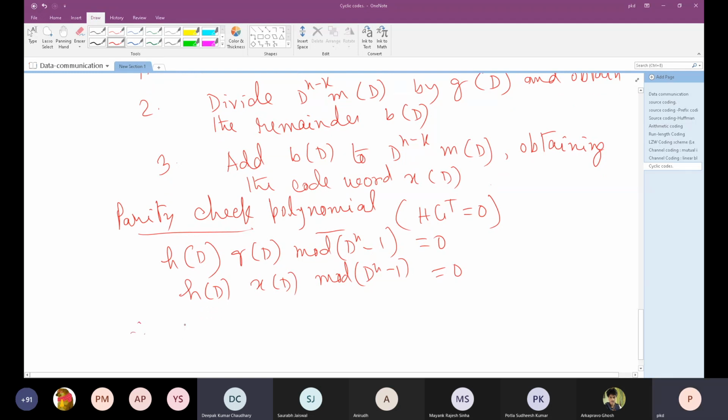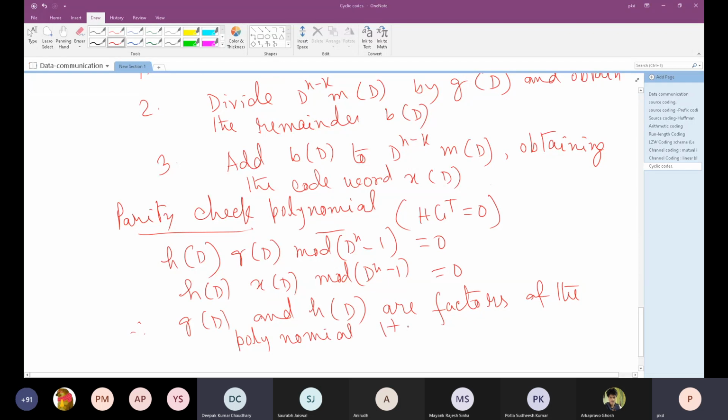So therefore G(D) and H(D) are factors of the polynomial 1 plus D to the power n.